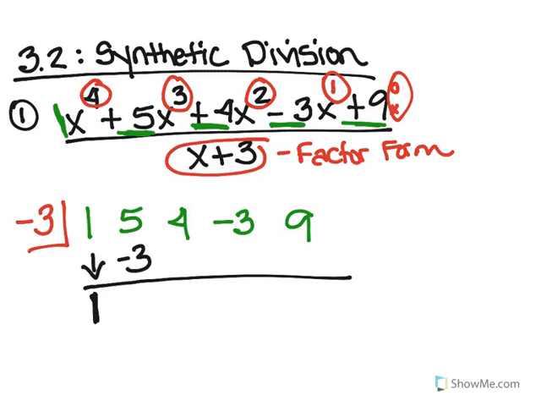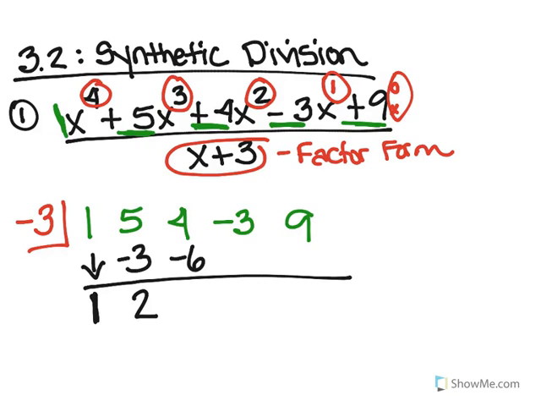Now, everything above the line, you're going to add or subtract depending on the signs. So I'm going to say 5 minus 3, which will give me a 2. Everything below the line, you're going to multiply by the house. So 2 times negative 3 will give me negative 6. And I write it above the line under the next coefficient.